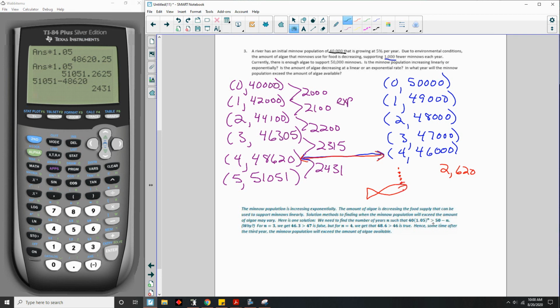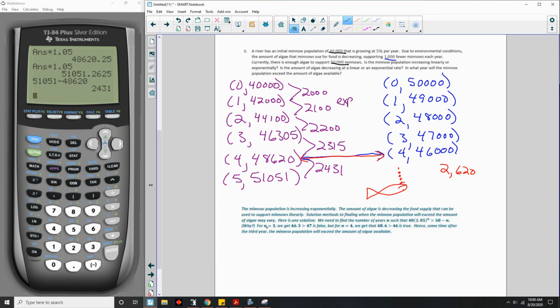And that has to stay greater than 50,000 fish initially, minus the number of years n, which is 1,000 fewer. Okay, we need to find the number of years.